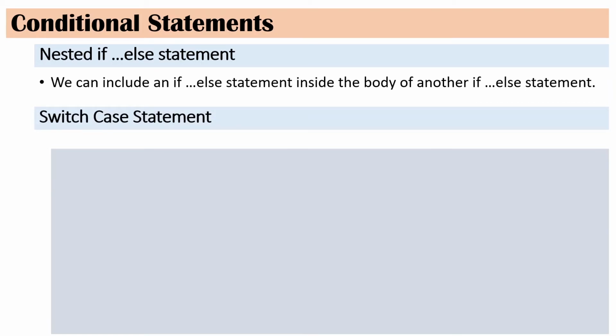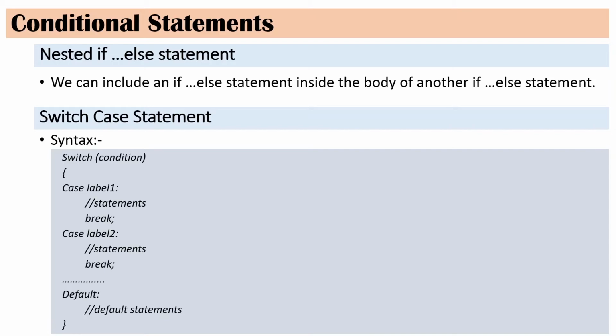Now next is the switch case statement, which is very important in any programming language. The syntax of the switch statement is as follows: switch condition, then case label one. If the condition for this case is true, then this statement is executed.